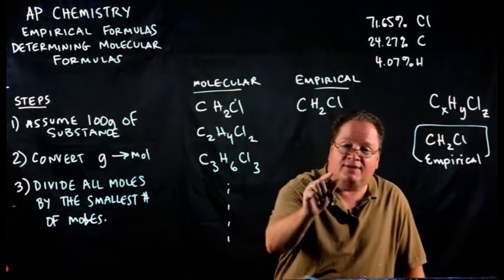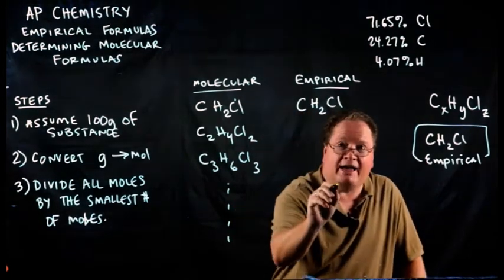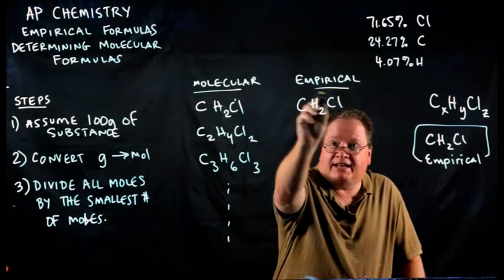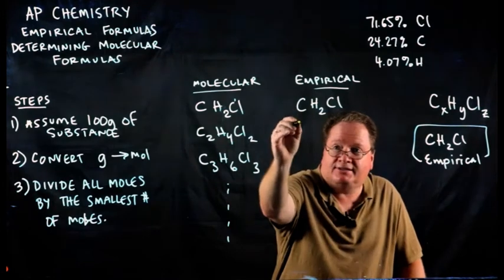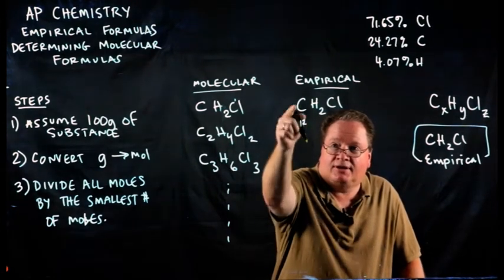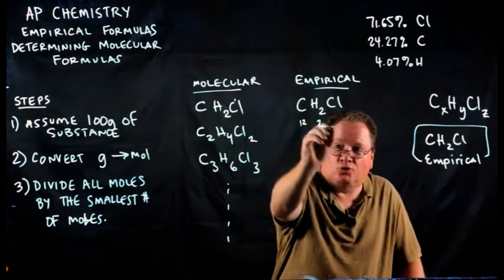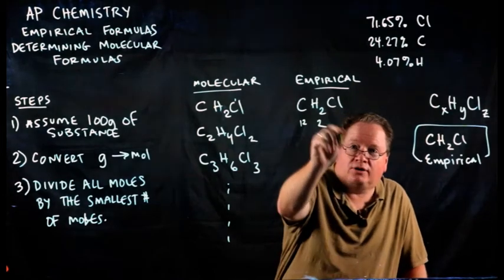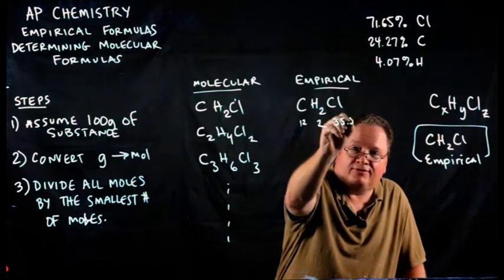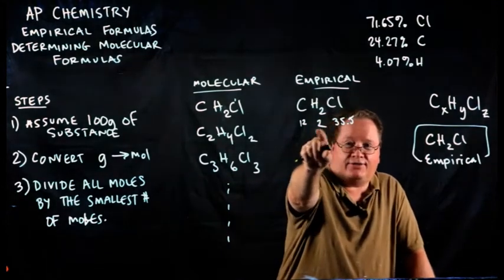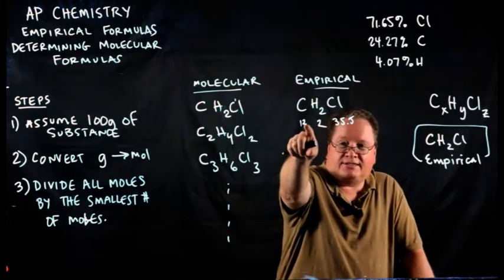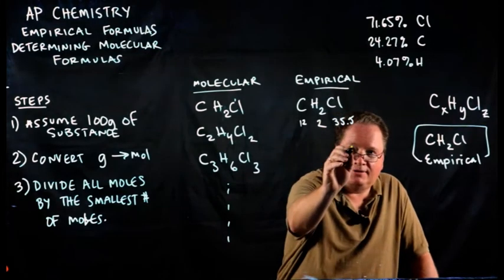If I take the empirical mass, so I'm just going to add up these, get the molar mass of the empirical formula, I would get 12. 2 hydrogens is 2. 1 chlorine is 35.5. If I add those together, I get 37, 47, 49.5.